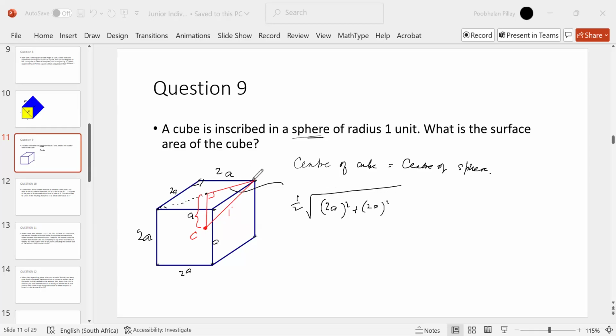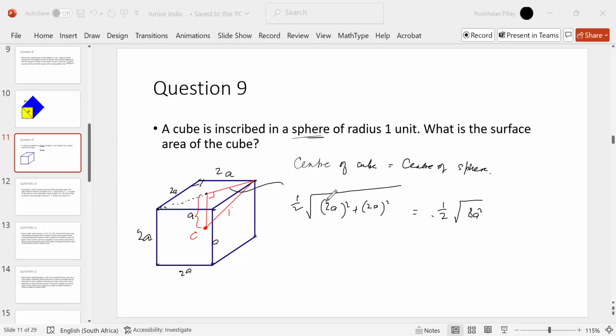So this length here is half the length of the diagonal, and the diagonal is the diagonal of the square. So you've got 4A squared plus 4A squared, which is 8A squared. So it's a half square root of 8A squared.